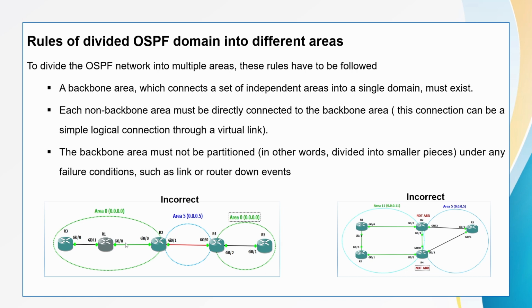That means these situations, or if some links go down and cause the backbone area to become several pieces, that's also a big failure. On the right-hand side, we explained this one in the previous videos. That's an incorrect setup because there are multiple areas, however, the backbone area is missing. So this is an incorrect setup.